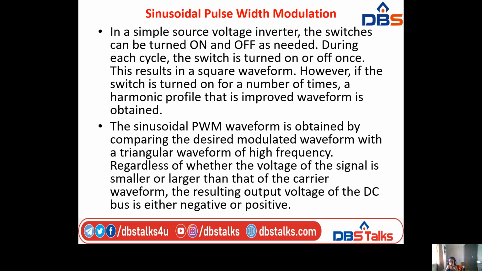The sinusoidal PWM waveform is obtained by comparing the desired modulated waveform with a high frequency triangular waveform, whether the voltage of the signal is smaller or larger than the carrier waveform. The resulting output voltage will be the DC bus, either negative or positive.